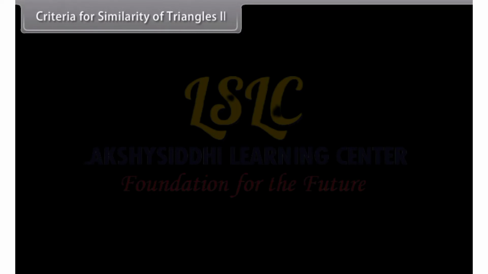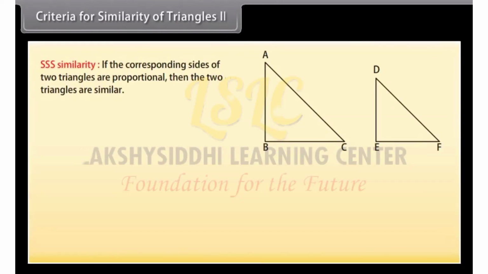Criteria for similarity of triangles. 2. SSS similarity. If the corresponding sides of two triangles are proportional, then the two triangles are similar. Two triangles ABC and DEF such that AB upon DE is equal to BC upon EF, which equals CA upon FD.